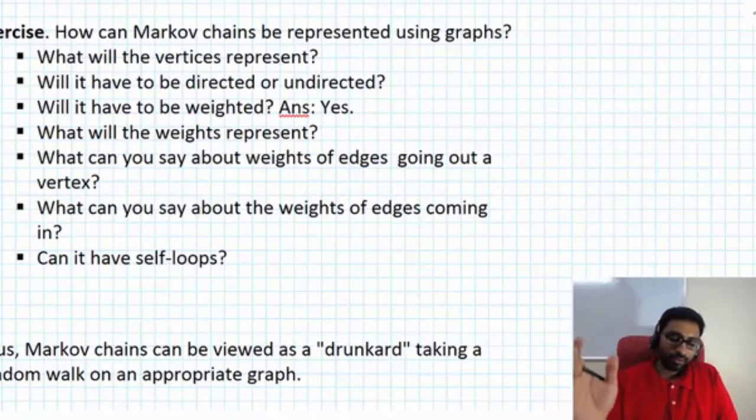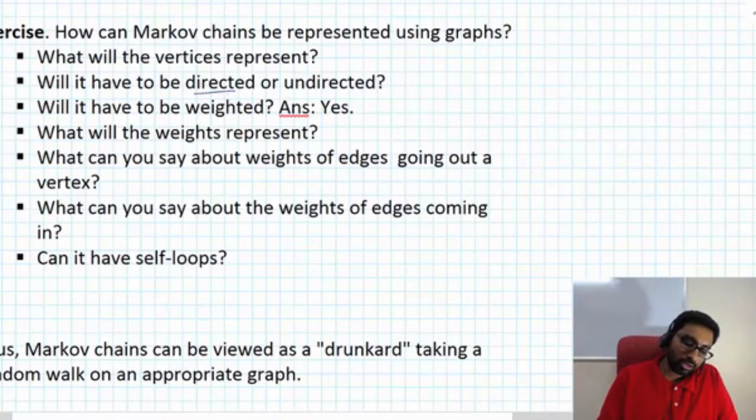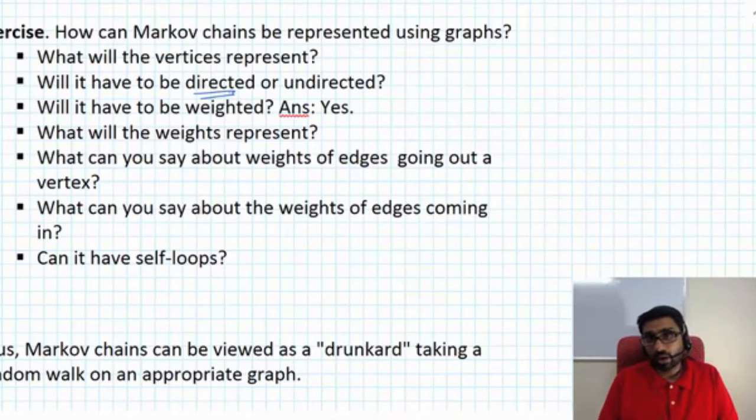And therefore, you may want to distinguish the directions. So you probably want a directed graph. And will it be weighted? Yes, because you would want to capture the transition probabilities using weights.